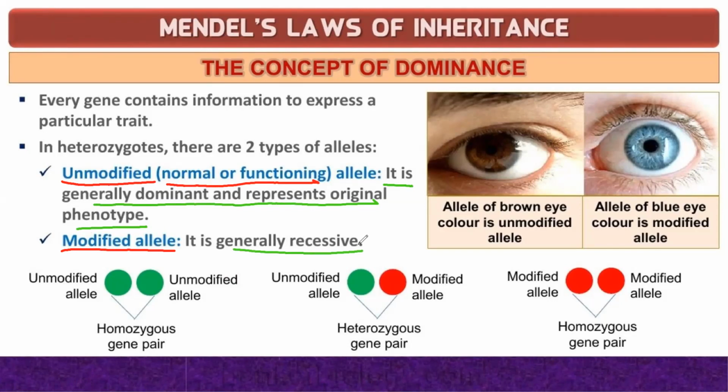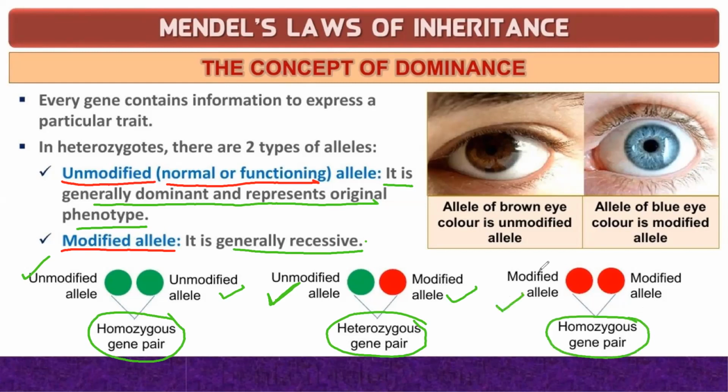Here on your screen, you can see that a homozygous gene pair contains both the unmodified alleles. A heterozygous gene pair contains one unmodified allele and one modified allele. Then there is a third one, that is a homozygous gene pair, which contains modified allele and modified allele.